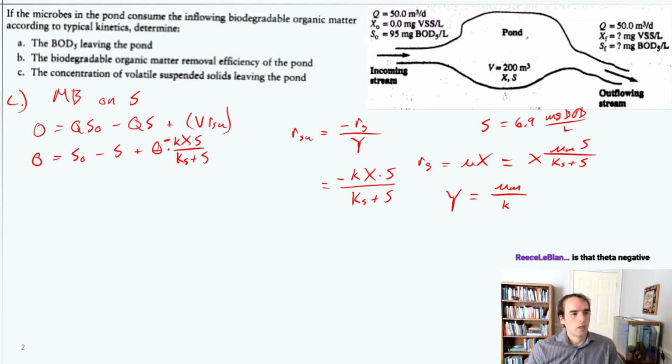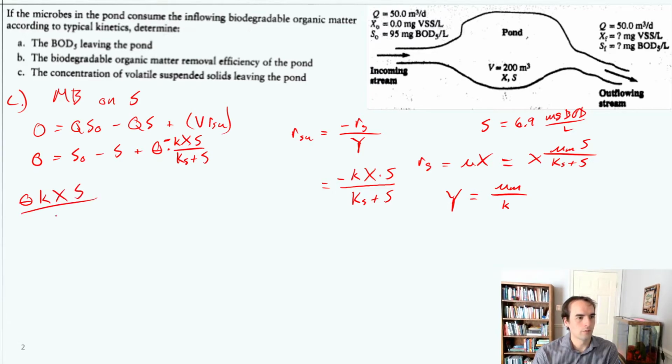Okay. So with that, what we can do is move this to the other side and get X by itself. I'm just going to add it to both sides: theta kX S divided by Ks plus S equals S naught minus S.